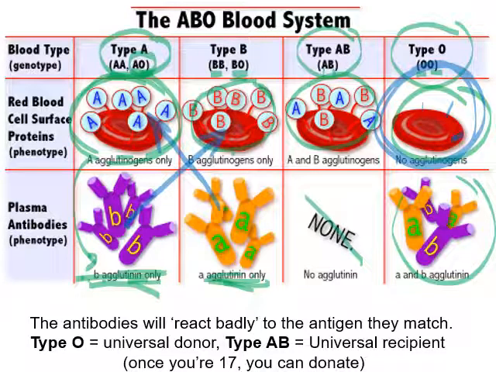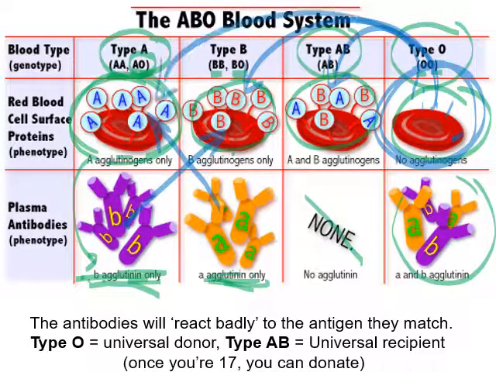So you could put your blood into someone with type A blood, type B blood, or AB blood, because your blood cells have no little proteins on the surface, so no antibodies will interact with them.